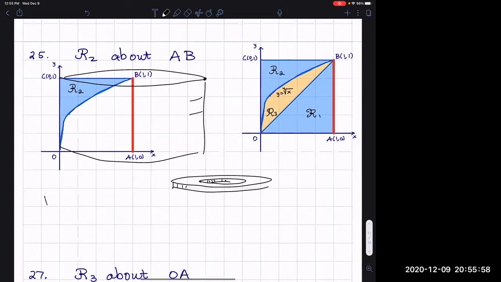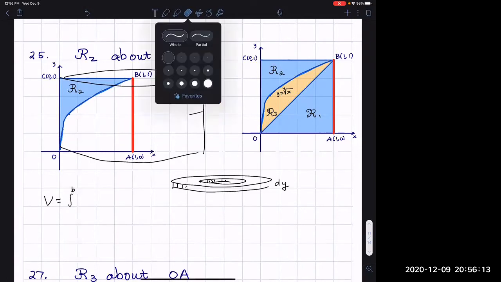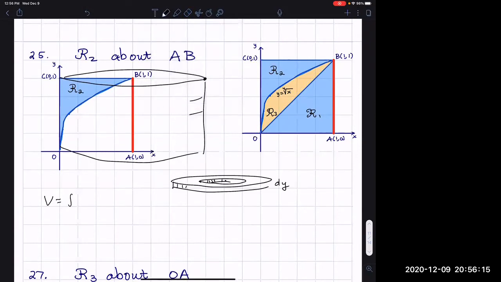When we find the volume, the height here is dy. So that's one reason to draw this, is that we see the height is dy. I'm going to integrate from C to D, and I integrate the area function.